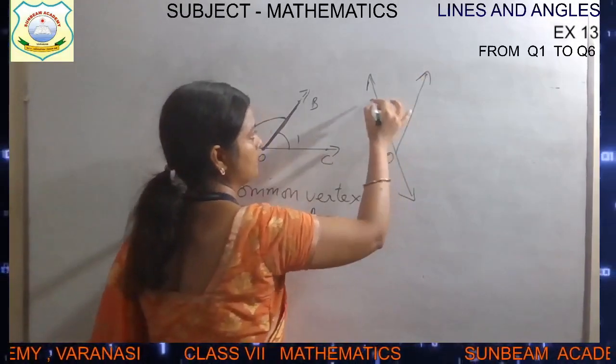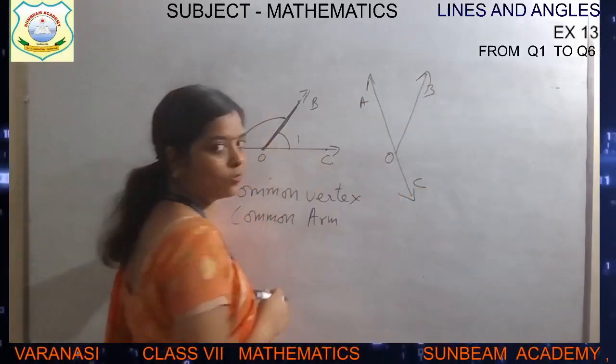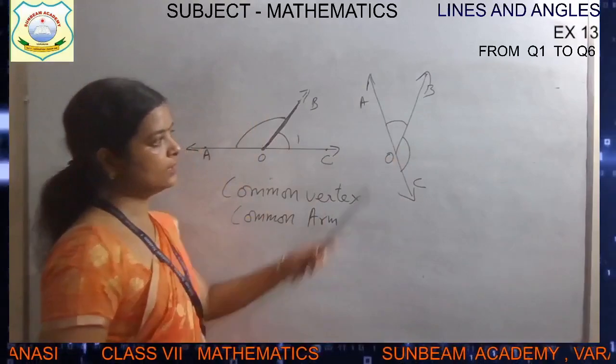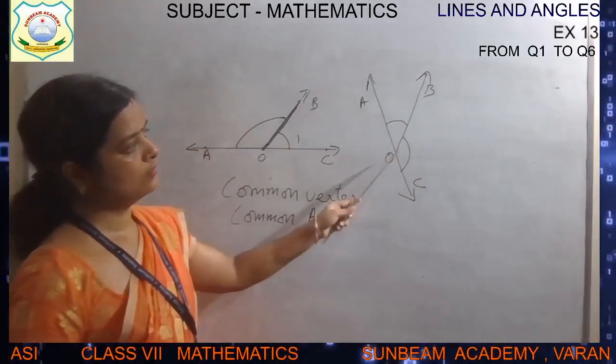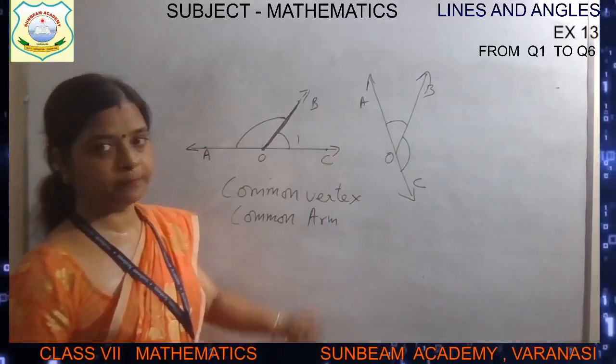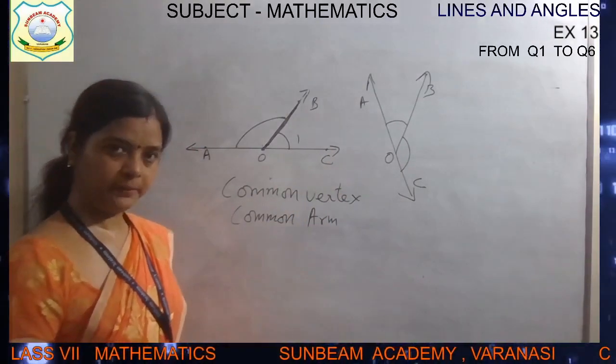Common arm is OB. एक एंगल ये है बच्चा, एक एंगल ये है. And the non-common arm OA is going to that side and OC is opposite to OA. So this is also making a linear pair.